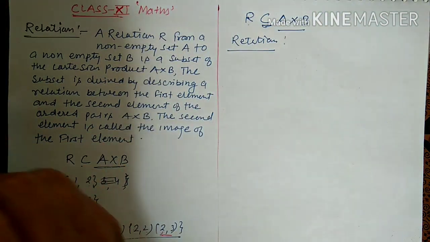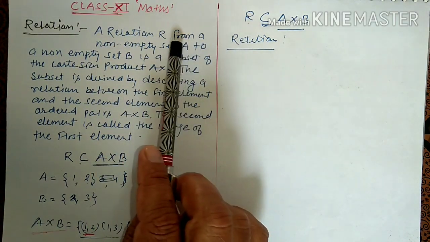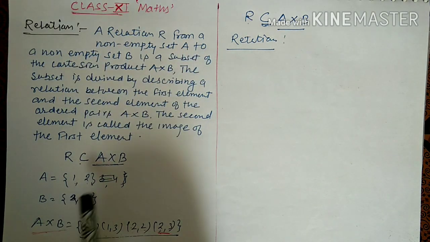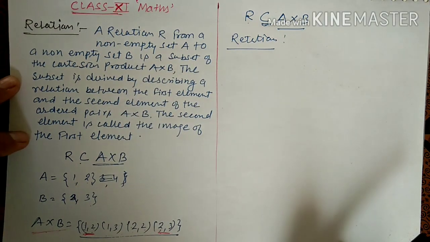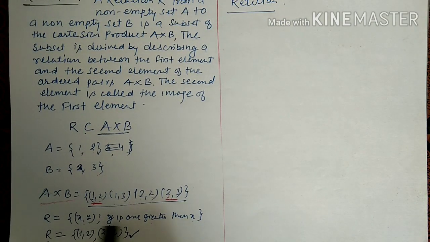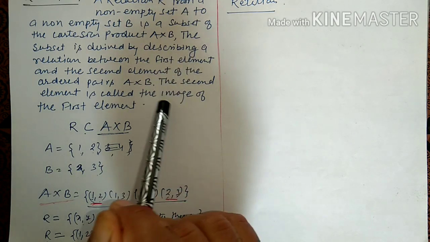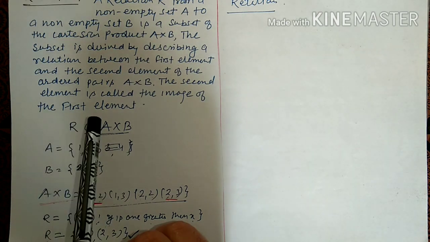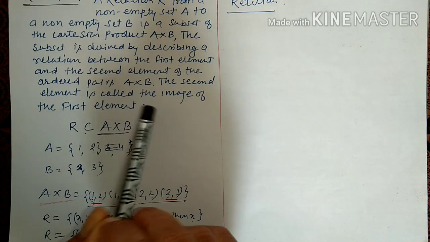Clear? Let's understand the definition once again. A relation R from a non-empty set A to a non-empty set B is a subset of the Cartesian product. So R is said to be a relation if it is a subset of the Cartesian product and every first element is related to the second element with the same relation.